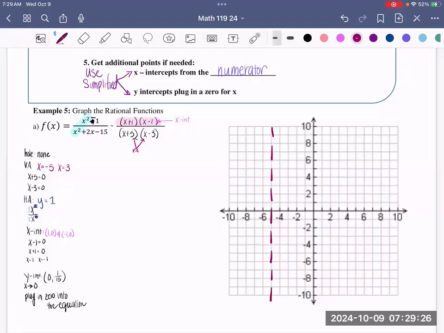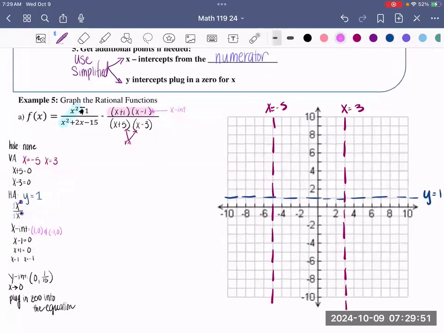And again at 3. Keep in mind, we cannot cross your vertical asymptote. We also have a horizontal asymptote at y is equal to 1. We have your x and y intercept.